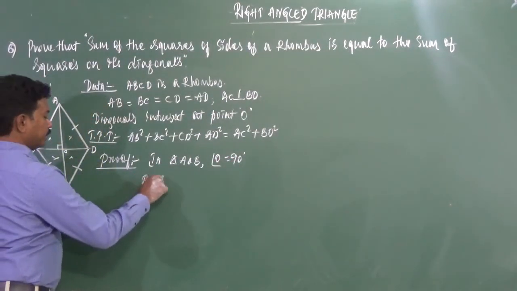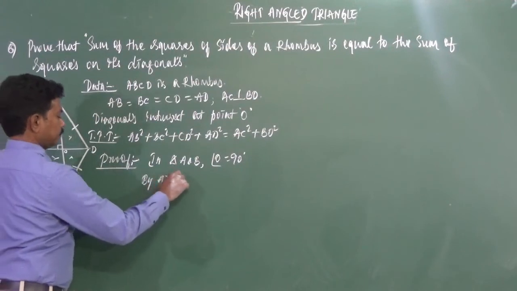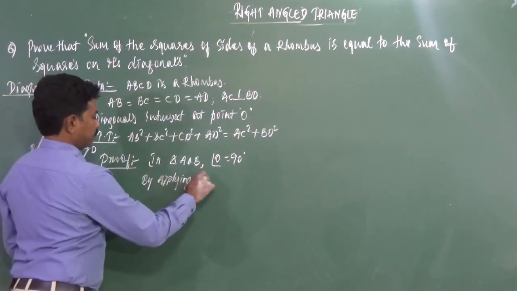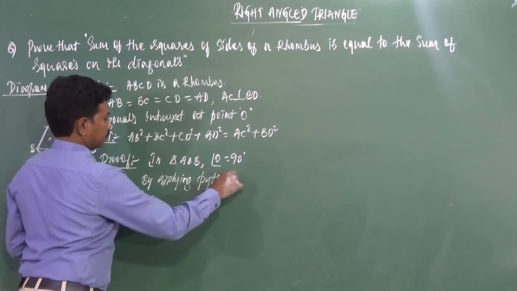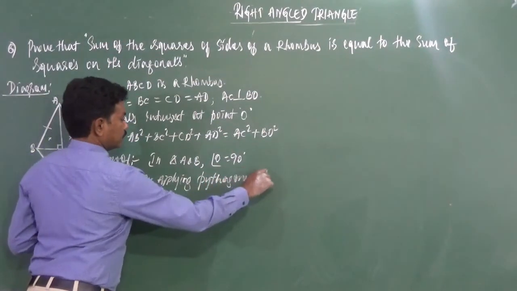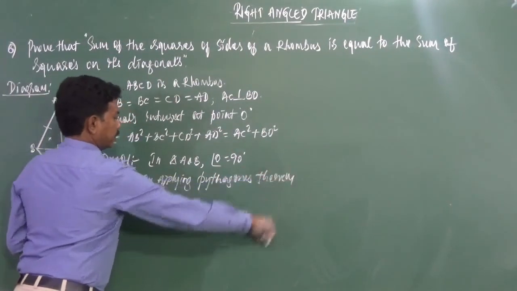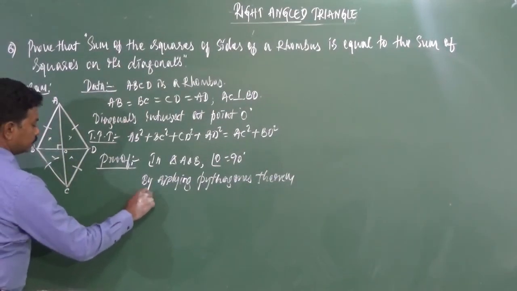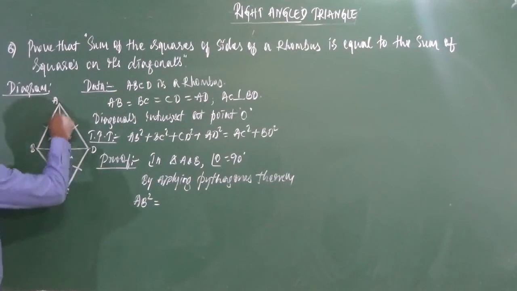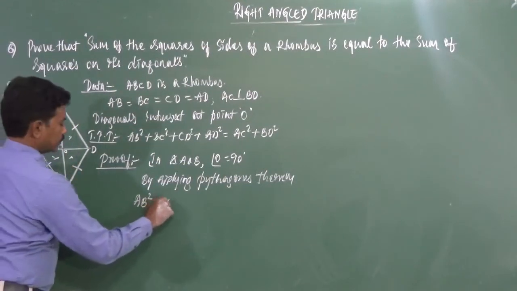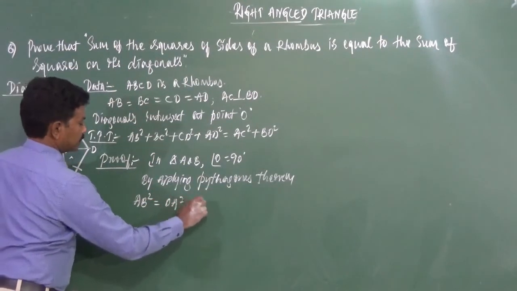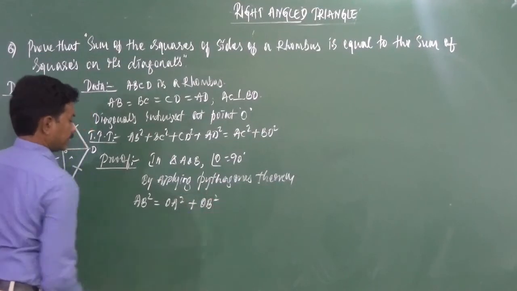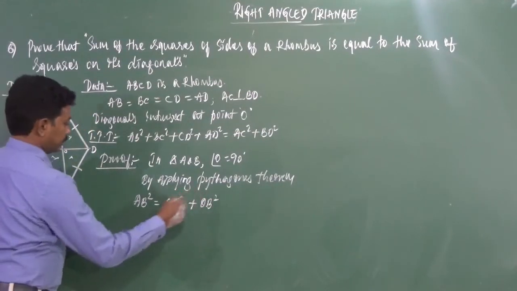So by applying Pythagoras theorem, AB square is equal to OA square plus OB square. So this is according to Pythagoras theorem.